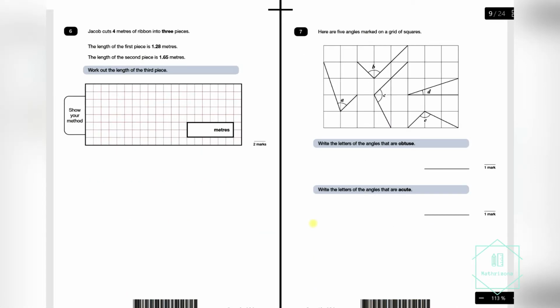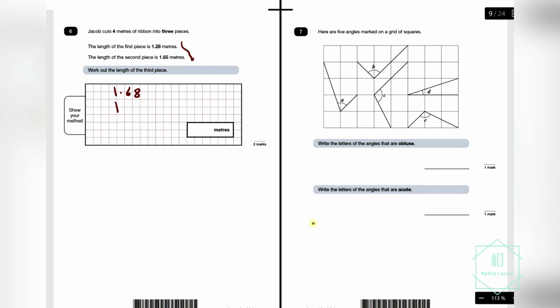Okay, so here Jacob cuts 4 meters of ribbon into 3 pieces. The length of the first piece is 1.28 meters and the length of the second piece is 1.65 meters. Work out the length of the third piece. For this, we first sum up these two values to calculate how much he has used.